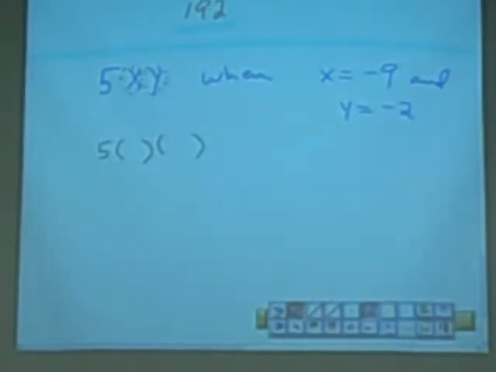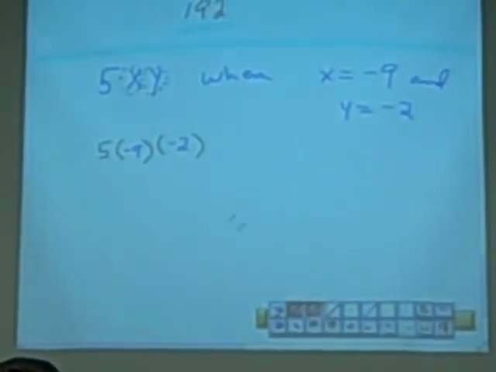And what's going to go in the parentheses for x? Negative 9, and what is going to go in the parentheses for y? Negative 2. Okay? So you see why we want to use that concept of cutting the x out and putting parentheses. Because without the parentheses, you don't have multiplication, you got something else, right? So we want those parentheses there.